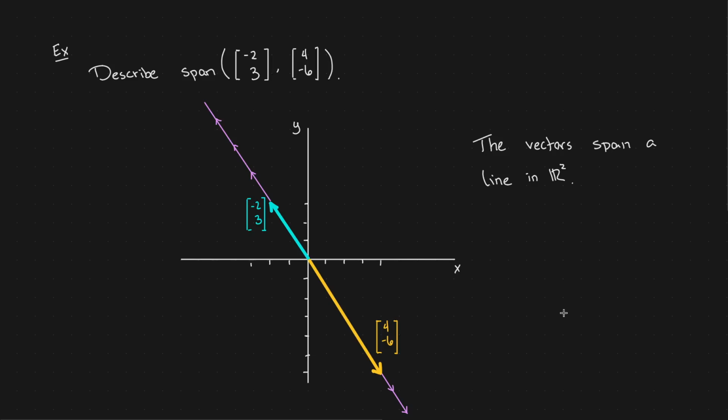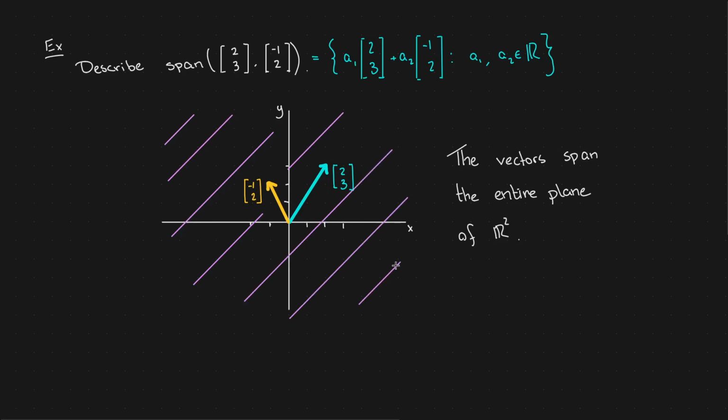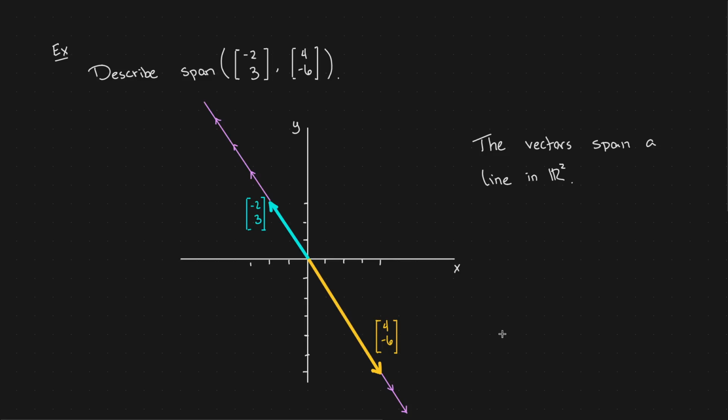Okay, well, what's the deal? Why is it that with the last one, our two vectors span the entire plane, but for this one, I have two vectors again, but they only span a line? In this case, our vectors are in some way redundant.